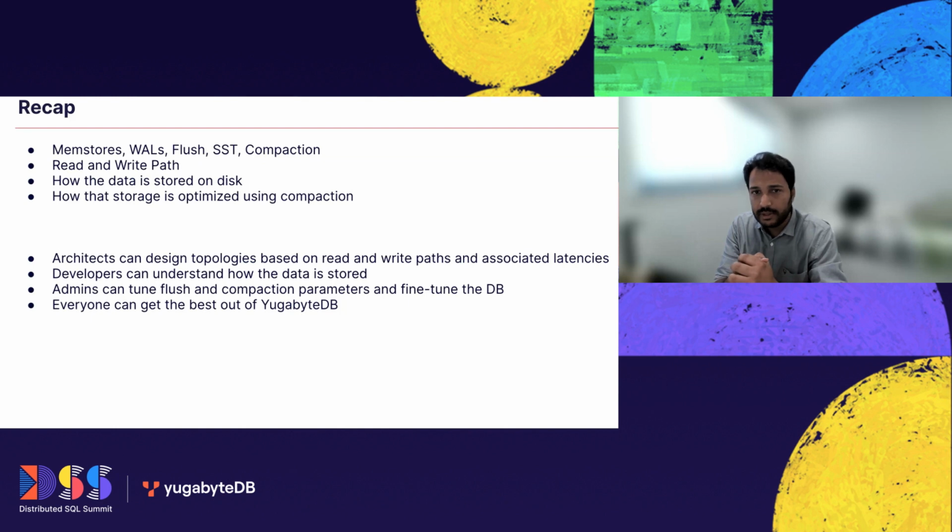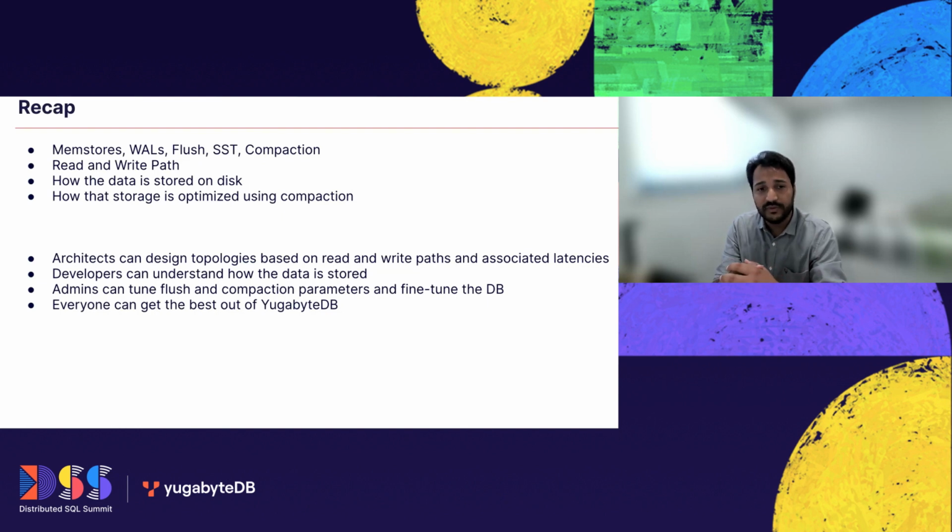Now, to recap, we talked about some basic concepts to see what memstore, WAL, flush, SST, and compaction mean in YugabyteDB. We saw how the read and write path works for Yugabyte database, how the data is actually stored on the disk, and how that storage is optimized by using compaction so that we use less space and we can make reads faster.